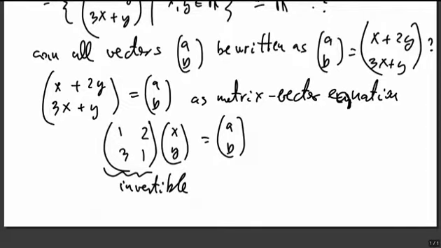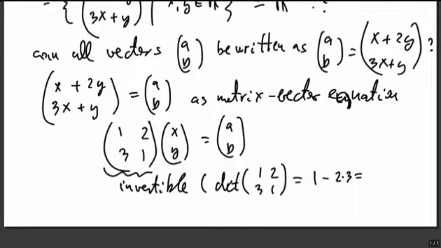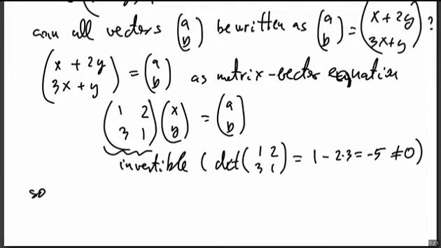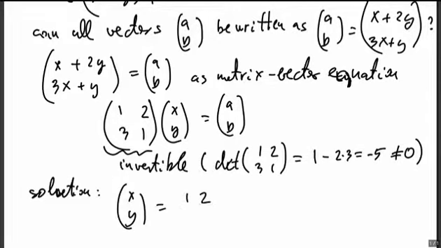You can check that, for example, with the determinant from undergraduate linear algebra. The determinant of the matrix is cross multiply, and you get 1 minus 2 times 3, which is minus 6, so this is minus 5. The determinant is not 0. For example, that shows that it's invertible. That means that we can solve for (X, Y) as the inverse of the matrix times (A, B).